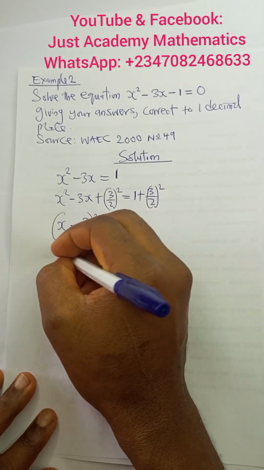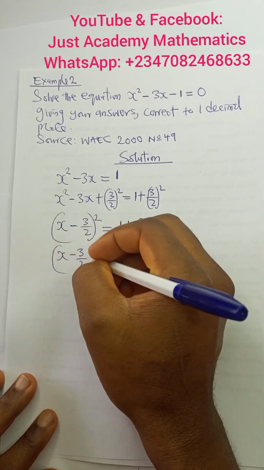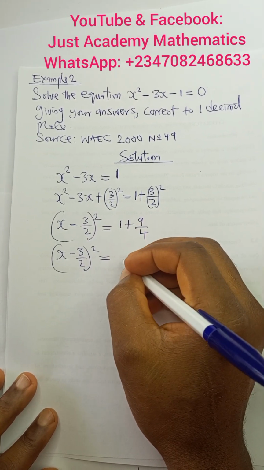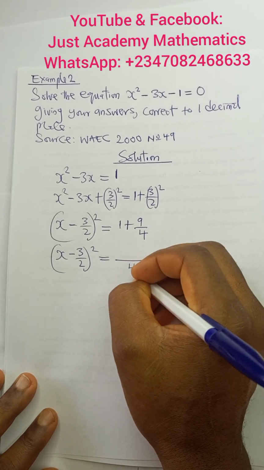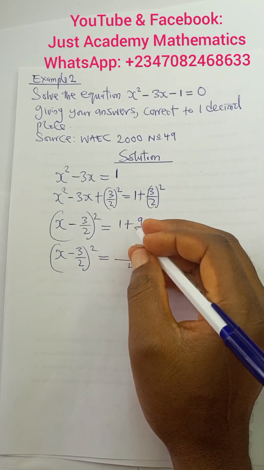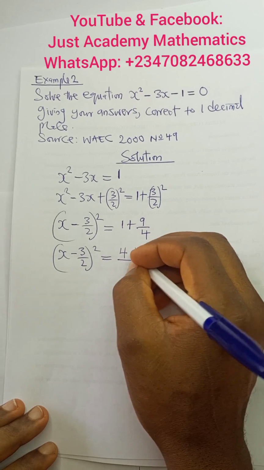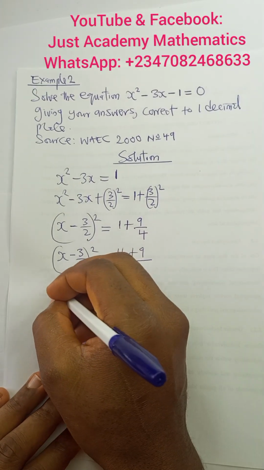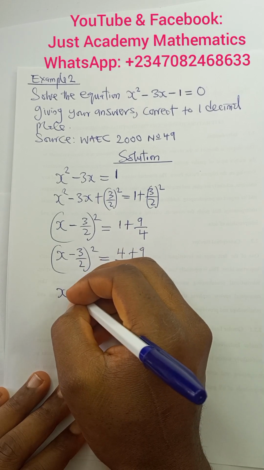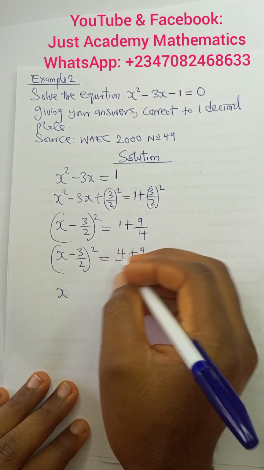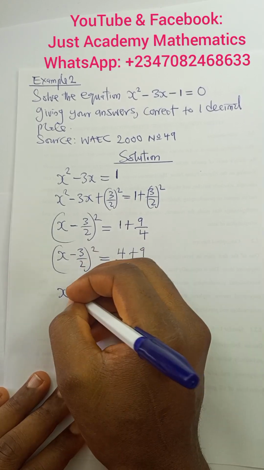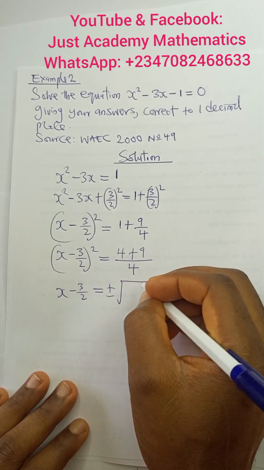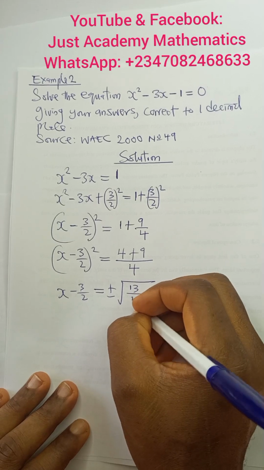So this will give us s minus 3 over 2 squared equals, here the LCM is 4. 4 times 1 is 4, plus 9 gives 13. So here we now have that if you remove this square with the square root, you have plus or minus the square root of 13 over 4.